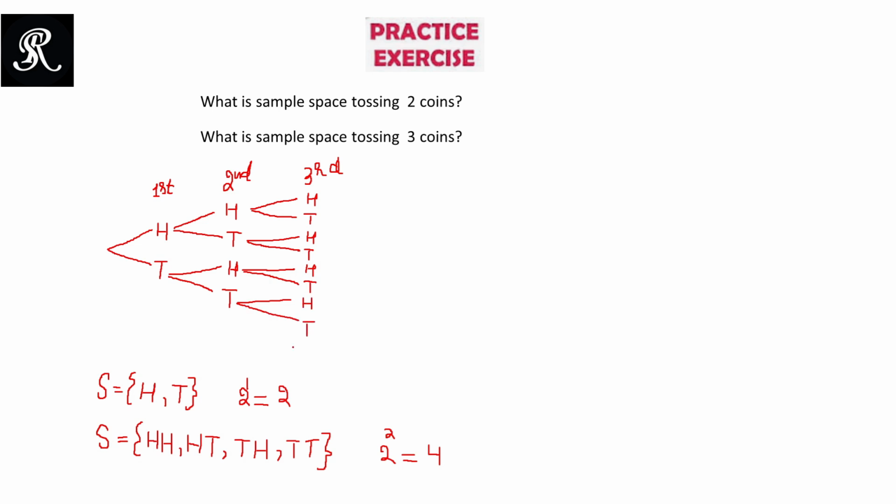now this is the tree diagram for tossing a coin thrice. Let's say S1 is the sample space of tossing a coin, S2 the sample space of tossing a coin twice. Now what would be S3?